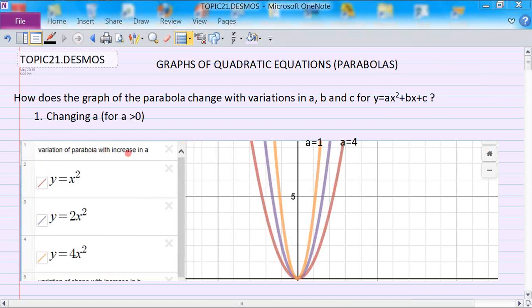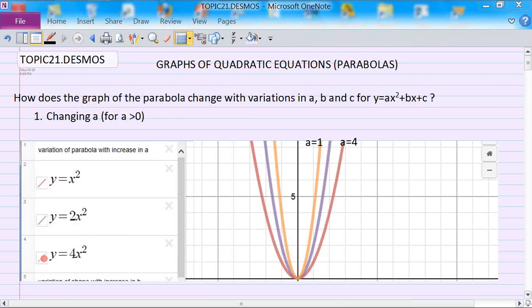Here in box 2, I put a text entry in box 1. Here I put my three equations in, and I'm going to look at a being greater than 0 and how changing the value of a changes the shape of the graph. You see the value of a here is 1, here it's 2, and here it's 4.